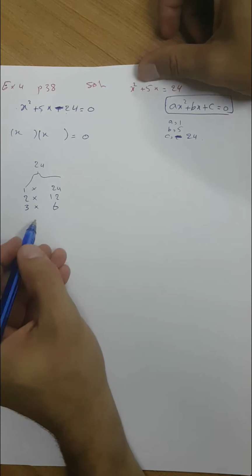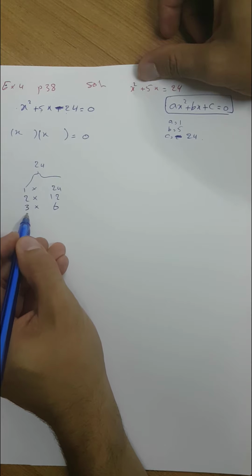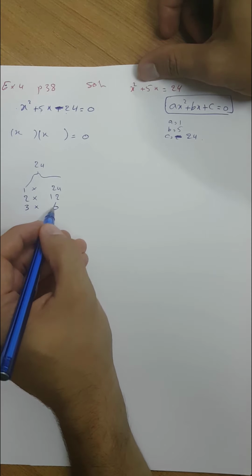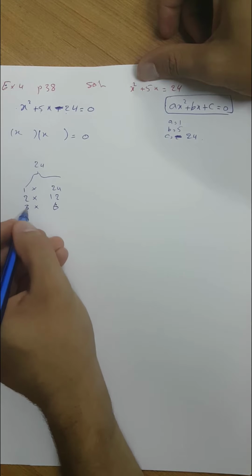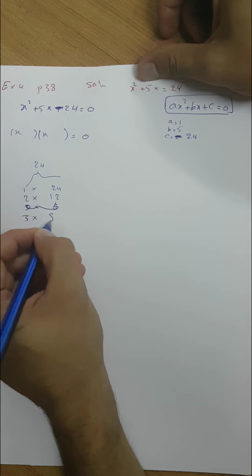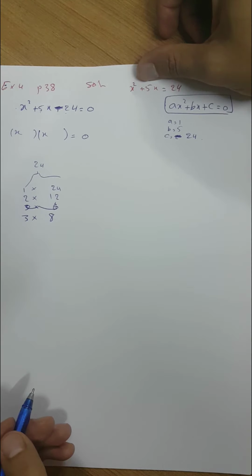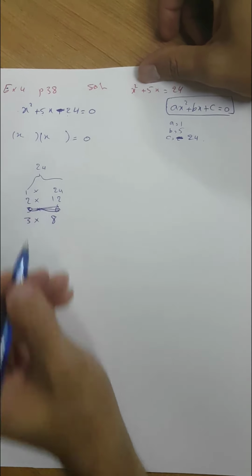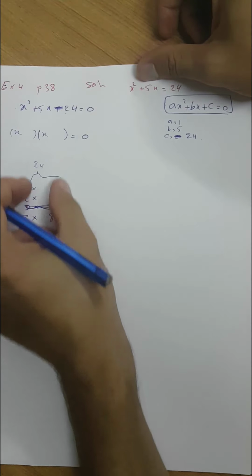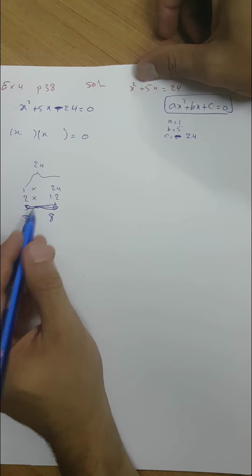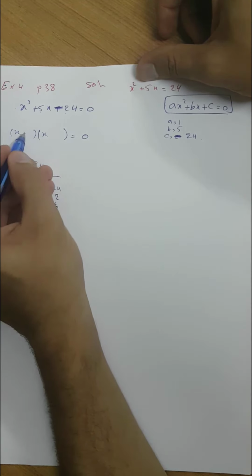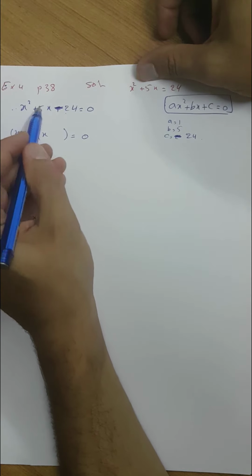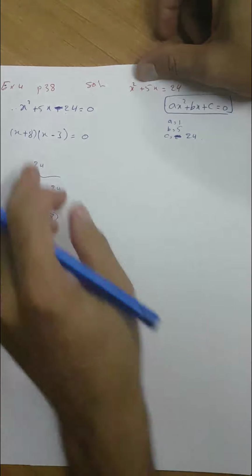Maybe what else do we have? 3 by 8 is equal to 24. Which of them, by addition or subtraction between them, is equal to 5? Of course 3 and 8. So I will choose plus 8 and minus 3, because the multiplication is negative.